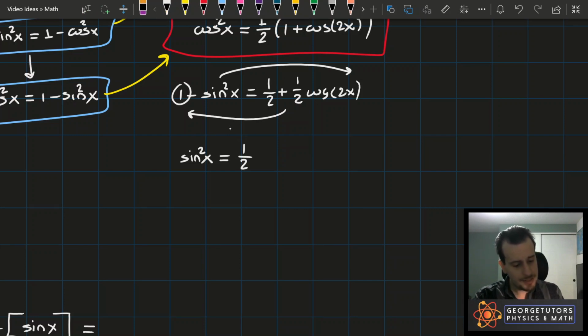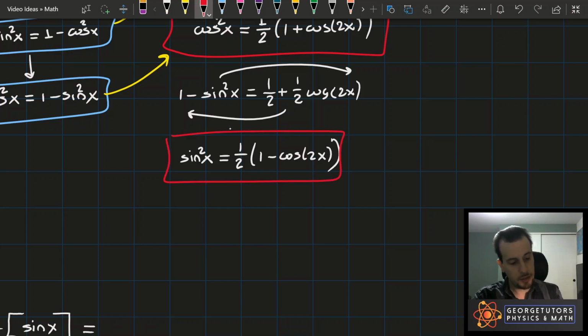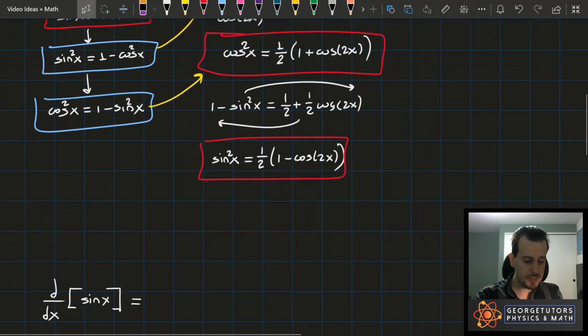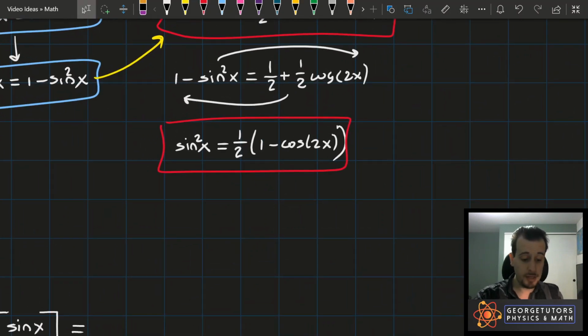And then as the positive 1/2 cos 2x moves on the other side, it becomes a negative. So overall, we have almost the same equation, but with a negative sign this time. Okay, so this is another hot one, and it allows us to collapse a sine squared right now to something that we could again integrate, and this is very important.